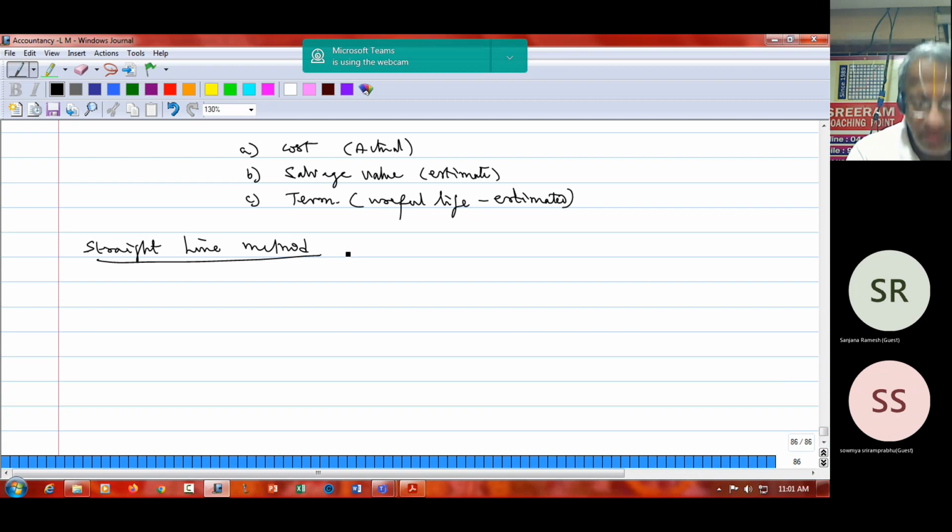Straight line method, or depreciation on cost. You can call it by another name also. Straight line method or depreciation computed on cost. So, alternative number 1 is cost minus salvage value divided by term.